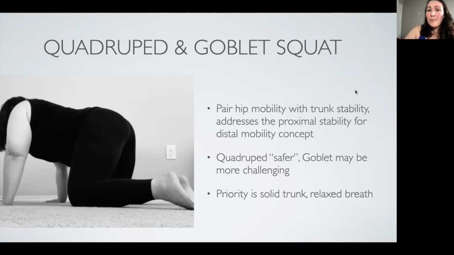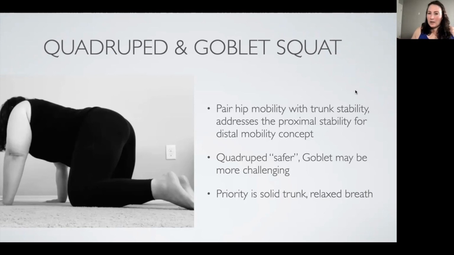And so we can do that by using the quadruped squat or the goblet squat. When we pair hip mobility with trunk stability, this exactly addresses that joint by joint approach. You're giving the body the stability it needs to allow the hips to be mobile, rather than forcing the hips to be mobile without giving them the support.